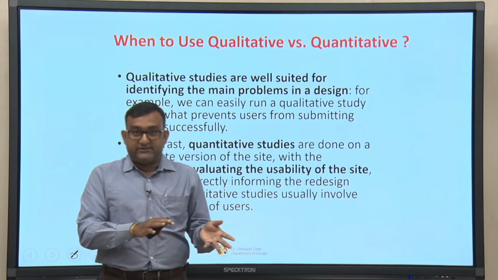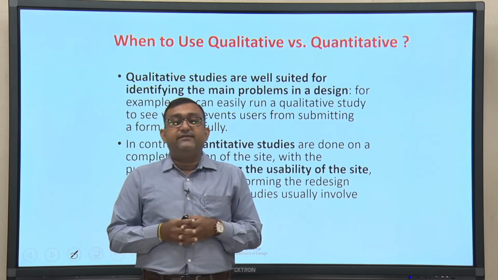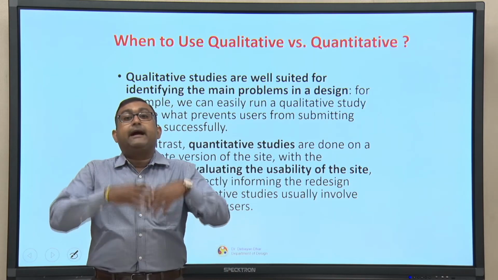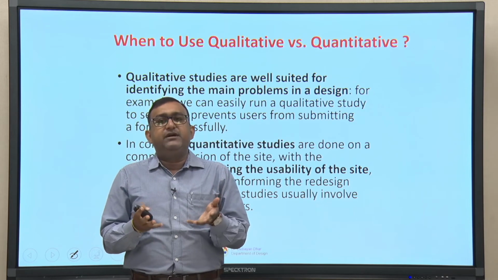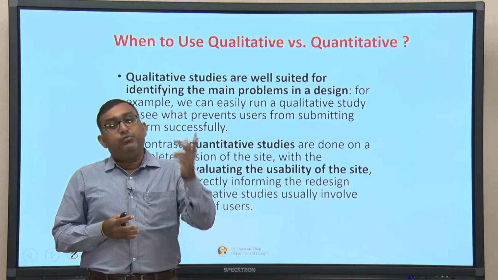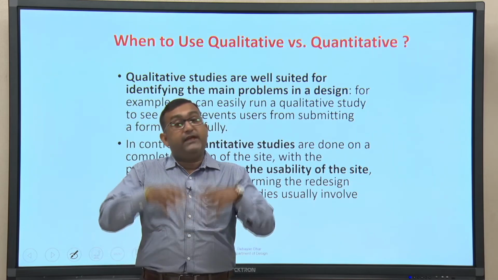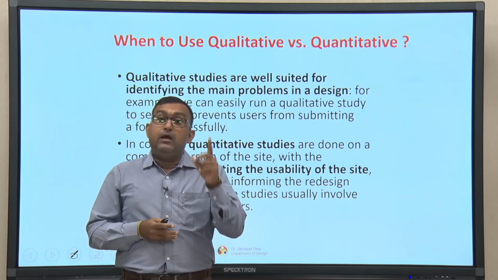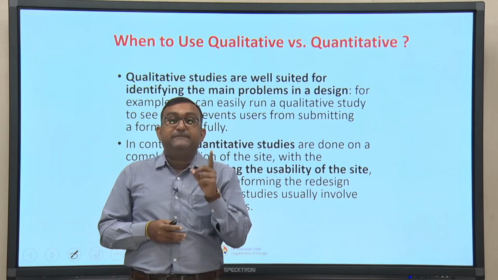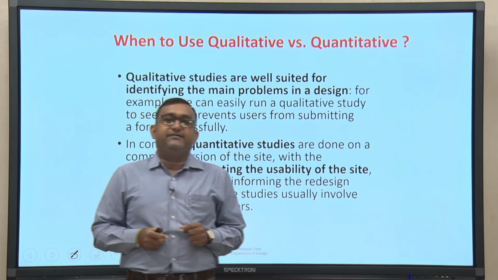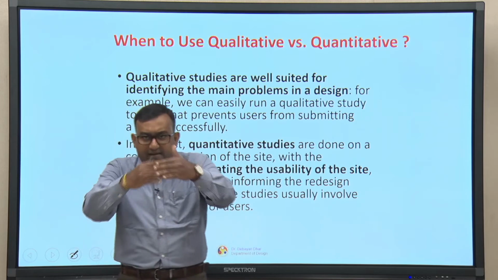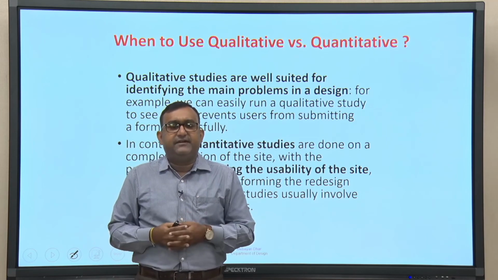In contrast, quantitative studies are done on a complete version of the site. So, it is an entire application, you have designed an entire site, and you do a quantitative study on the entire site. The purpose is to evaluate the usability of the site based on some metrics like we discussed earlier.